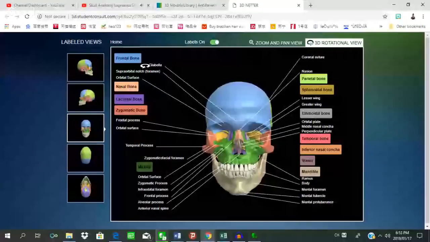You have the occipital bone, two parietal bones, and two parts of the temporal bones. That's six.